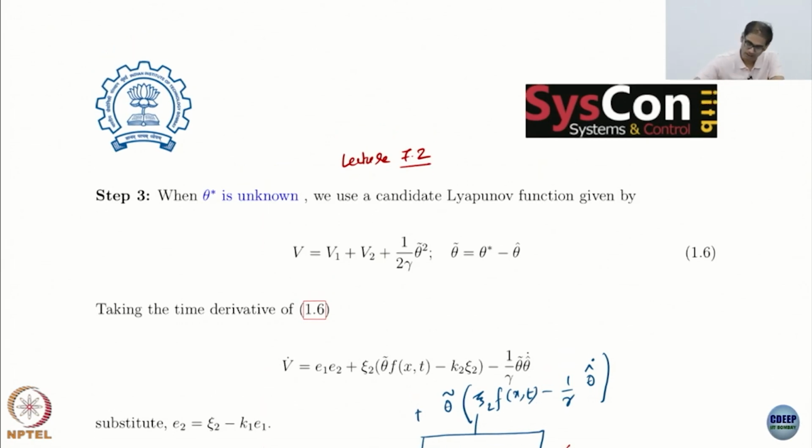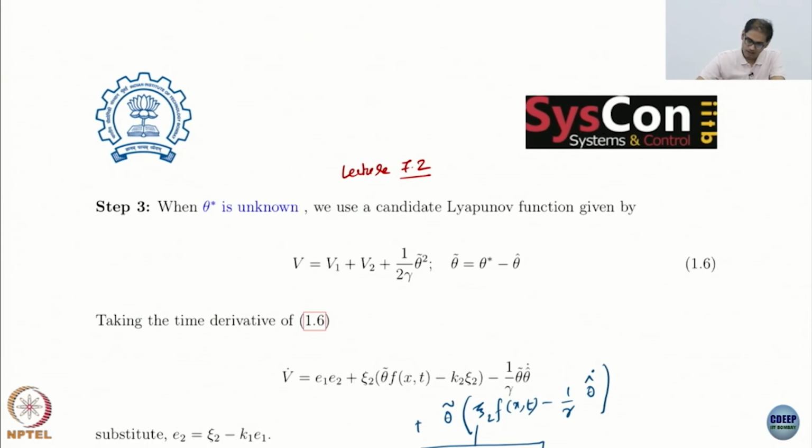Now we create a slightly modified candidate Lyapunov function for the unknown case. We already have a strict Lyapunov function for the known system, V1 plus V2. We add to it a term in the parameter error. Because I don't know the parameter, the best I can do is try to drive my estimate to the true parameter.